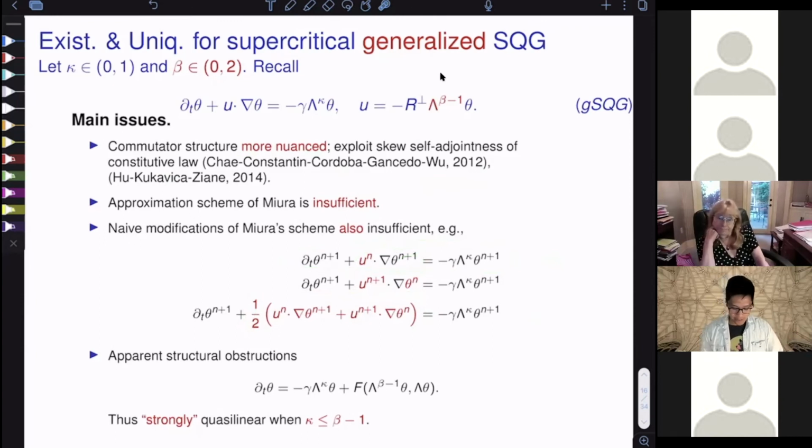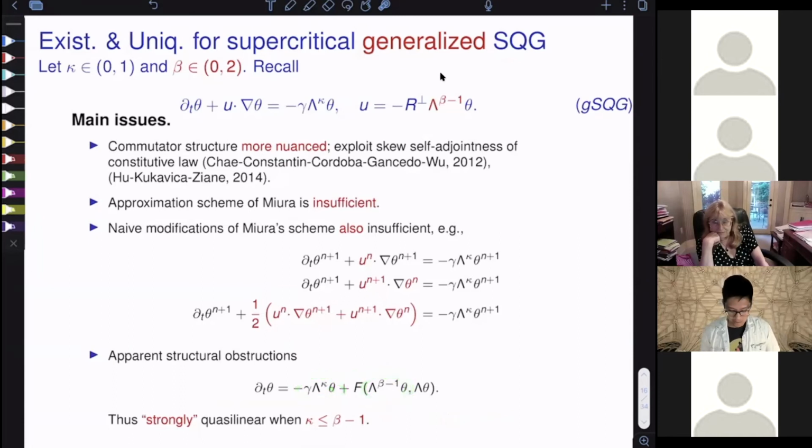All right, so here is where the kappa equals beta minus 1 line comes into play. When kappa is less than or equal to beta minus 1, this is precisely when the coefficient in the nonlinear term, if one is viewing it as a quasi-linear equation, is more singular than the dissipation. And so even though you might have supercritical dissipation, you could either have this coefficient in the nonlinear term dominating the dissipation or not.